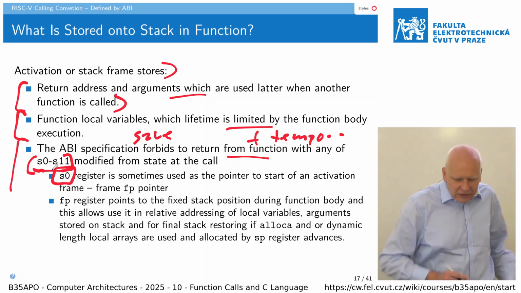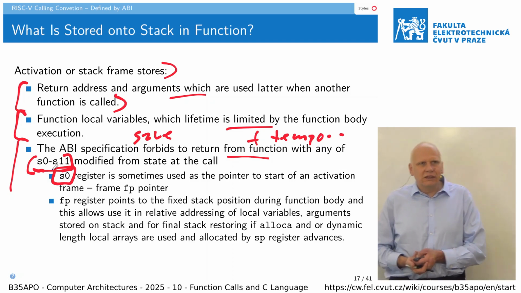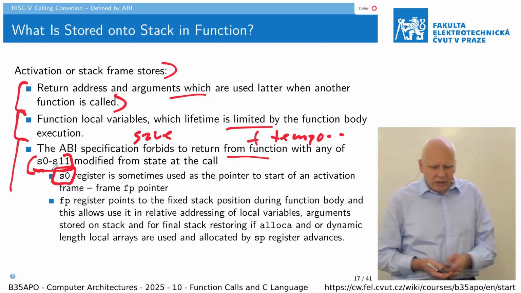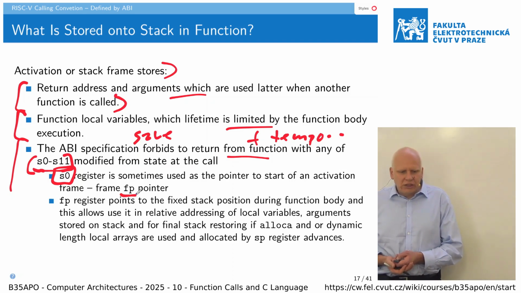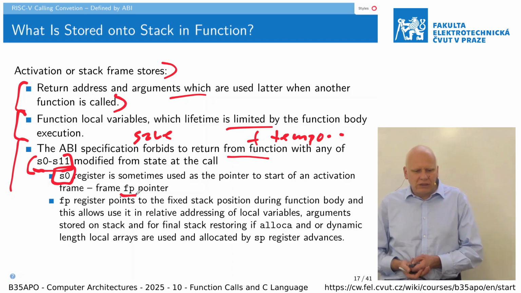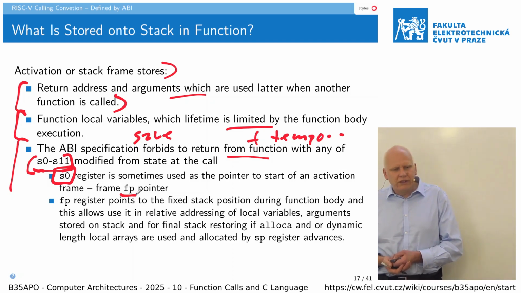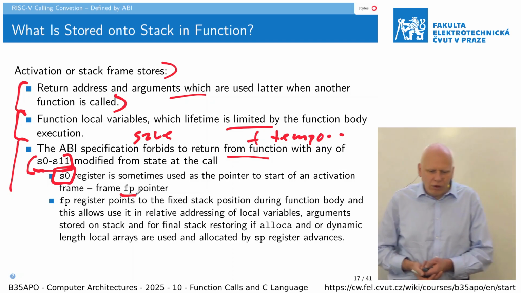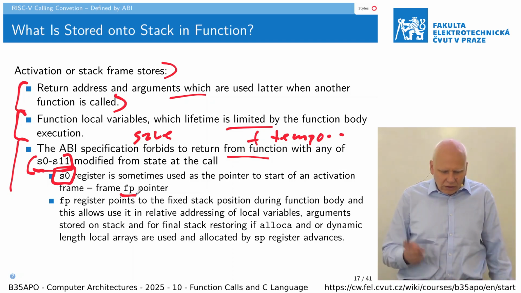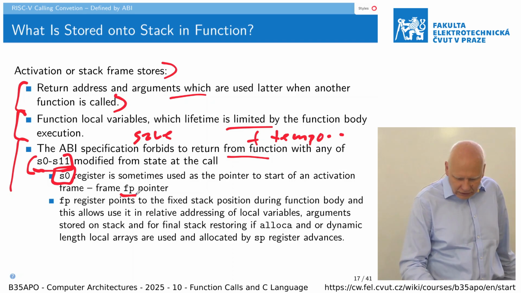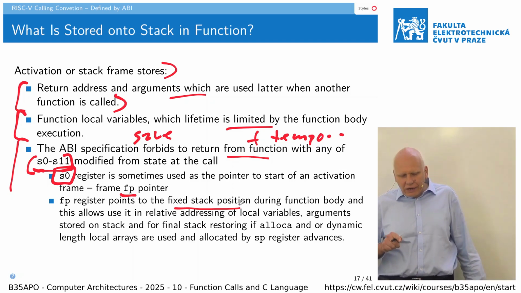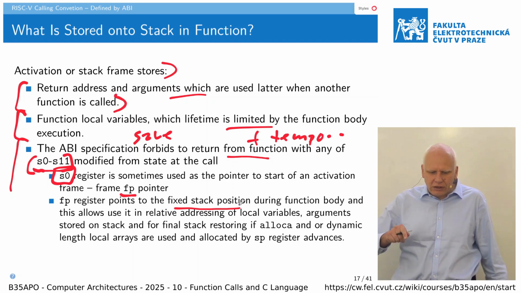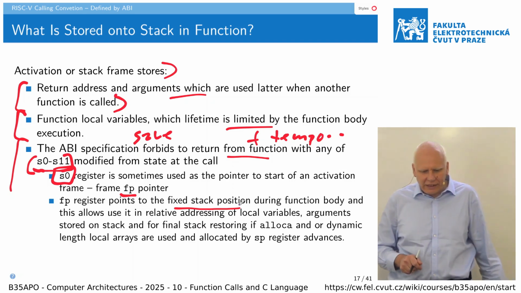Sometimes the register S0 is used as a special frame pointer inside the stack, which is necessary if you want to use the stack for some local dynamic allocation. I will get to that a little later. So basically a frame pointer points to a fixed stack position, usually the one which corresponds to the stack pointer at the time of function entry.